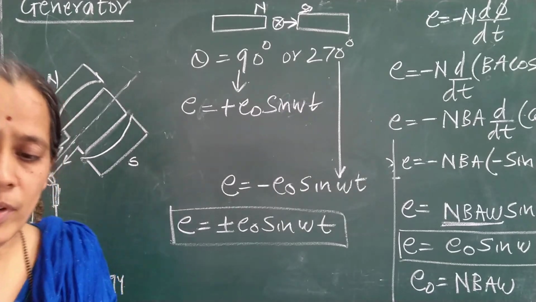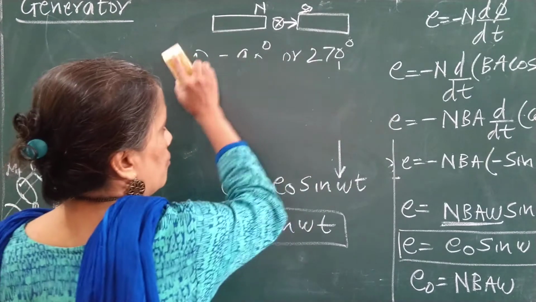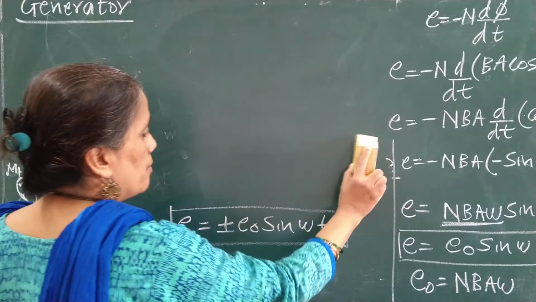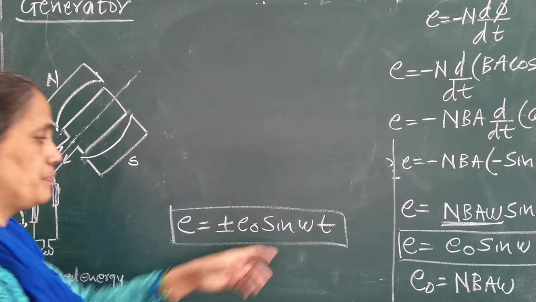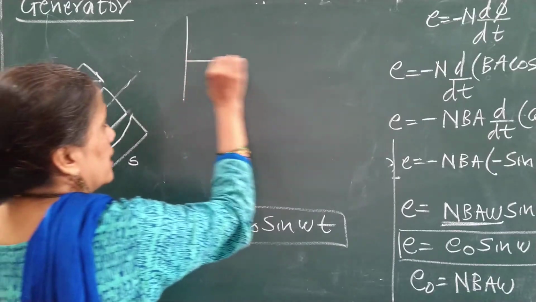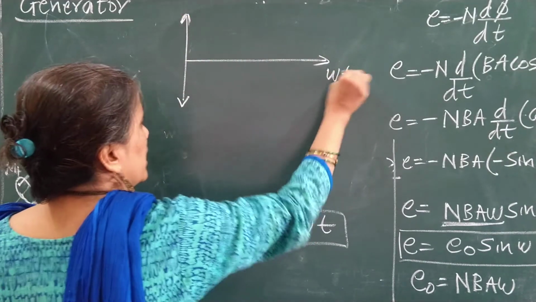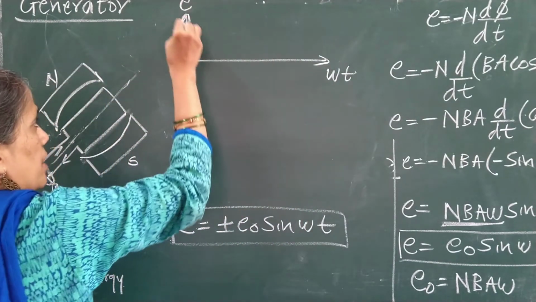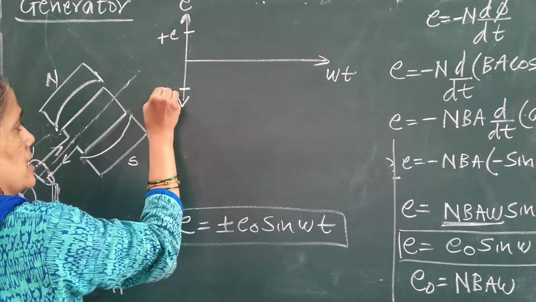So this is the EMF induced in the generator. From that I can plot a graph of EMF versus omega t. Here is the graphical presentation, omega t and EMF, with peak EMF plus E0 and minus E0.